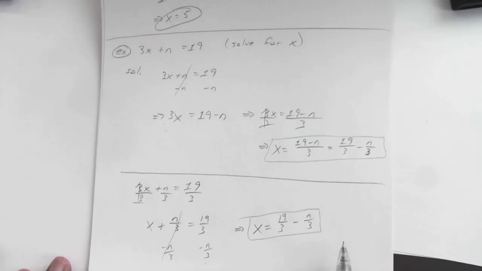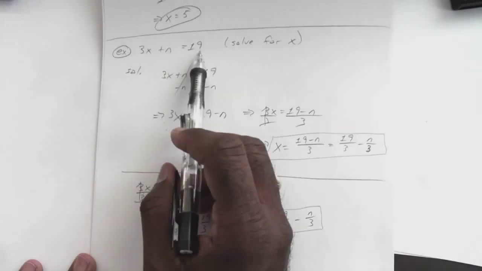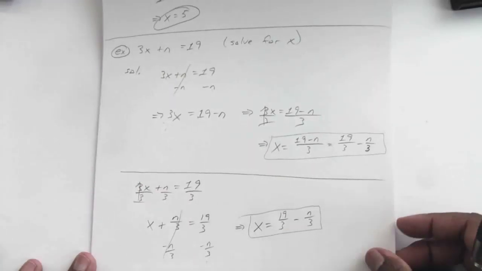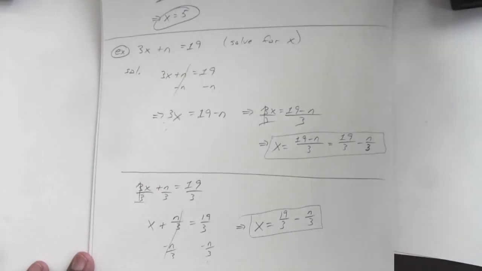All right, so instead of, let's say, 3x plus n equals 19, I'll leave that up in case anyone's still writing.